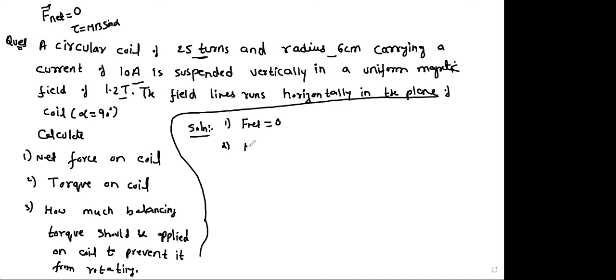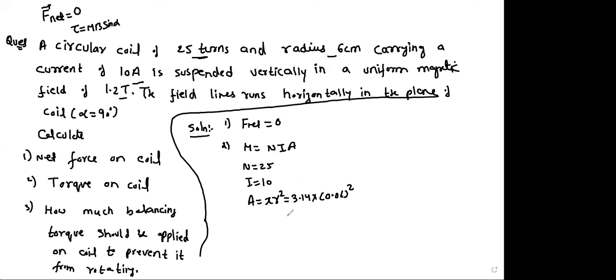For part 2, you first have to calculate the magnetic moment. Magnetic moment is NIA. So you have N, which is 25. You have I, which is 10. You need A, which is pi r square. Pi is 3.14 into r square. How much is r? r is 6 centimeter, which is 0.06 square.